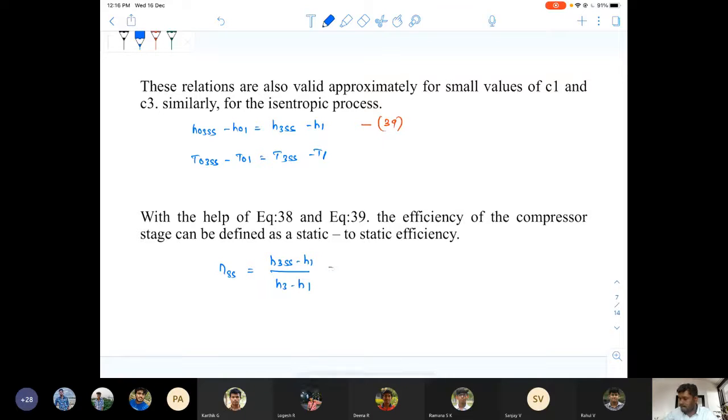This can also be represented as T3ss minus T1 divided by T3 minus T1. This is how you can represent the static to static efficiency by using equations 38 and 39. This is the efficiency of the axial compressor stage.